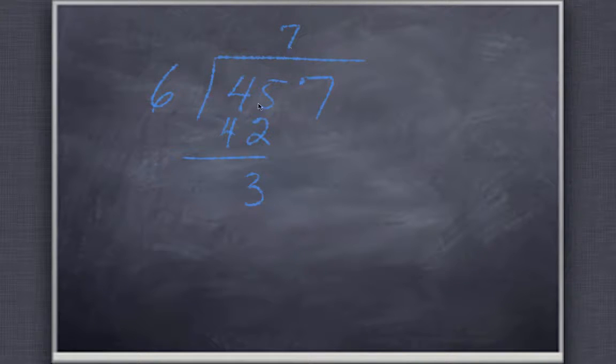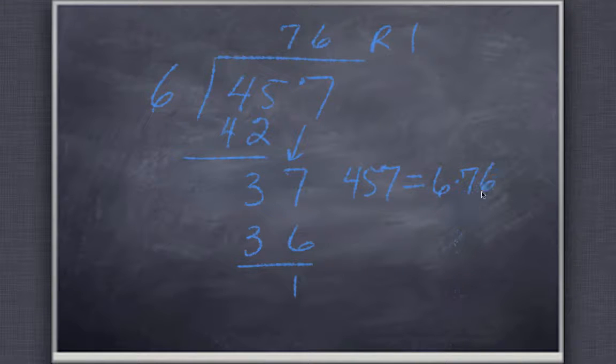So I've said it goes in 7 times here, write down the 42, get 3 left, and then bring down the 7. And then we say it goes in 6 times, write down 6 times 6, well, you know that's a 6 there. And the 1 is just left over, so we say remainder 1. This means that 457 could be written as 6 times 76 plus 1. This is going to be relevant to us.